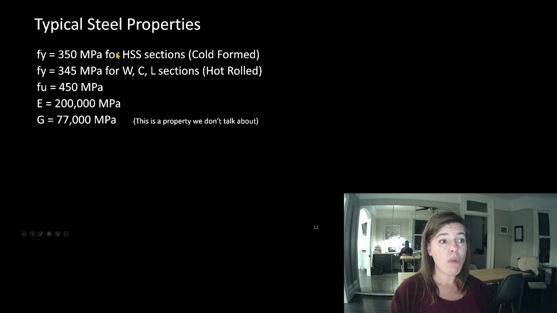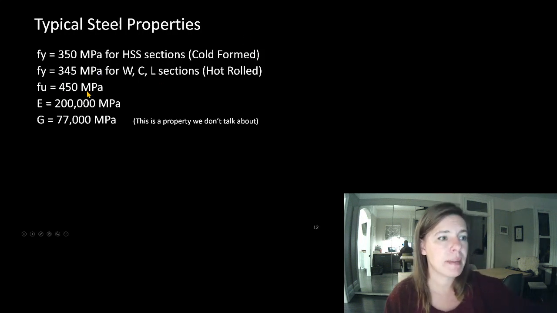So FY for cold formed sections is 350 MPa. But for a hot rolled section, remember we heated it up red hot and we did some weird things to it? Well, that lowers our yield stress just a tiny little bit. It takes it down to 345 MPa.